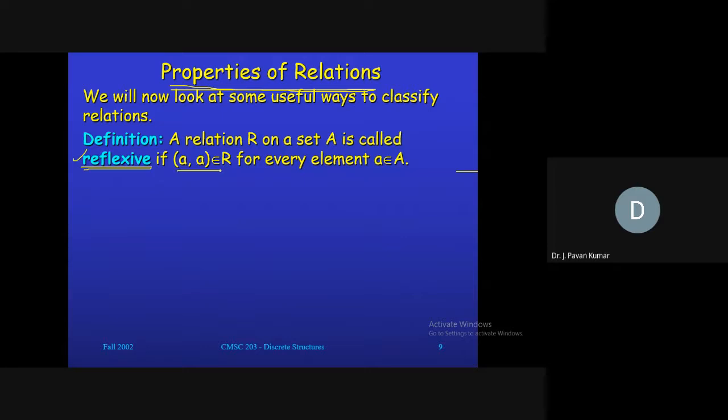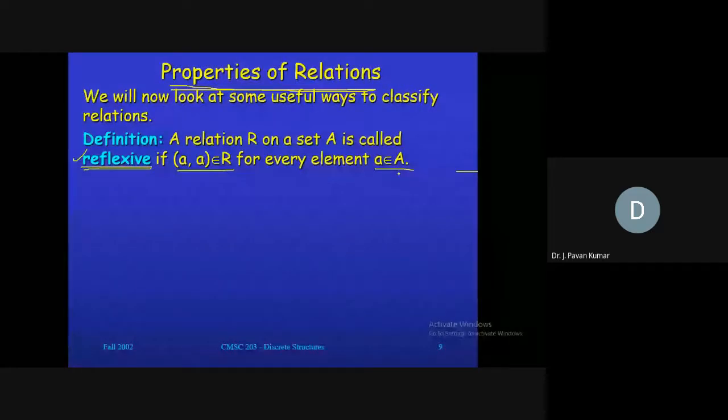All the tuples of the form (a, a) for each a in A. So 1 comma 1, 2 comma 2, 3 comma 3, 4 comma 4. All these 4 tuples should be part of the relation, and then we can say such a relation is a reflexive relation. Is this clear?